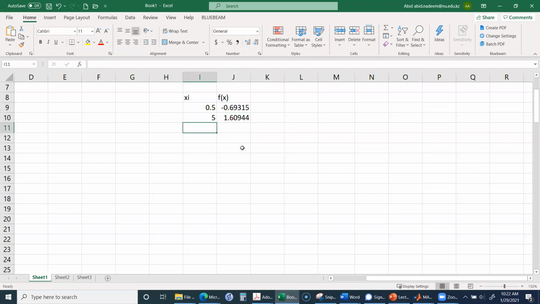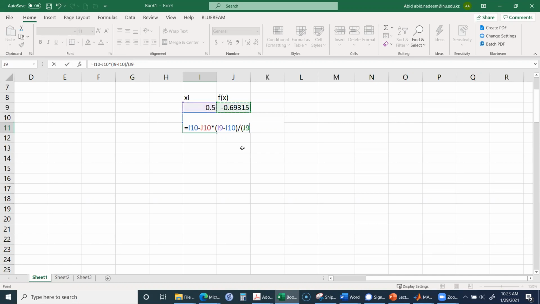So for the false position method, I will take this 5 first, and then I will take the value of the function, and then I will multiply by the difference of the values in x. So starting from xl minus xu, I will close the bracket, and then I will divide by the difference of the values of the function.